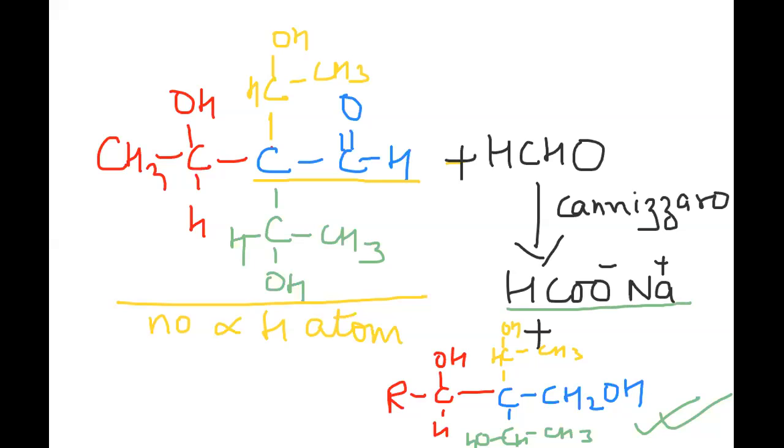So whether you have 1, 2, or 3 alpha hydrogen atoms, depending on that, if the aldol product obtained does not contain an alpha hydrogen atom, then it can also undergo Cannizzaro's reaction. Now, why I am explaining this is because in your joint entrance exams, they may give you compounds which look like this, an aldol which has been formed, and they will ask you whether this compound can undergo Cannizzaro's reaction or not.